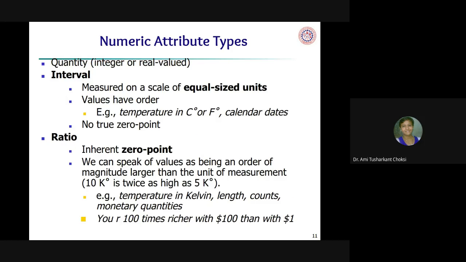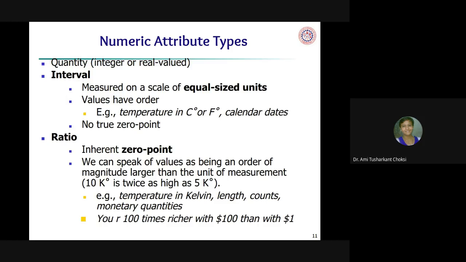Now we want to have the numeric attribute types. Quantities: interval or real valued. Interval, what is that? Measured on a scale of equal sized units. Equal sized units, right? Values have order.